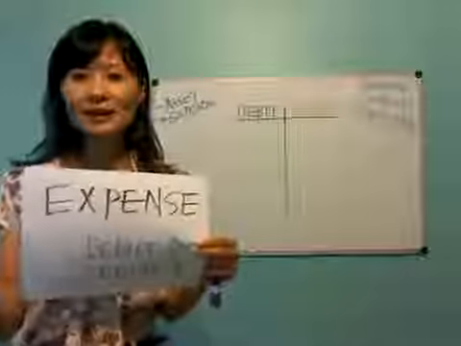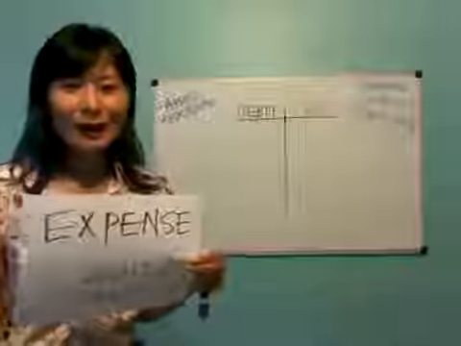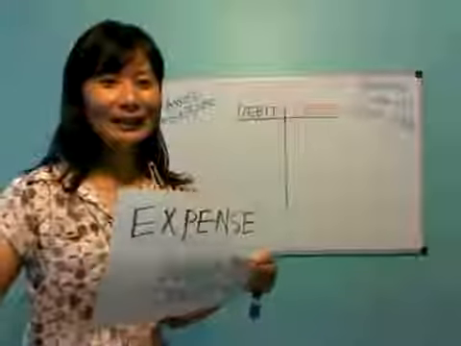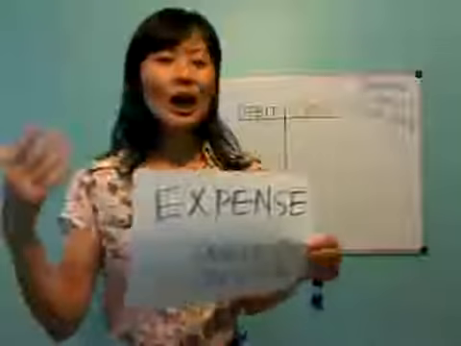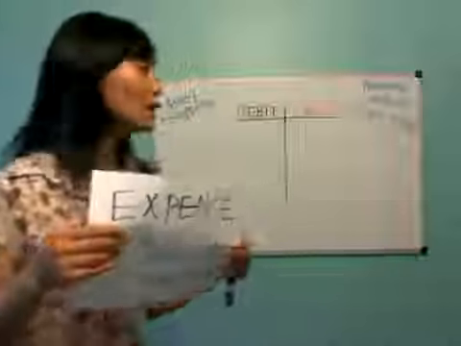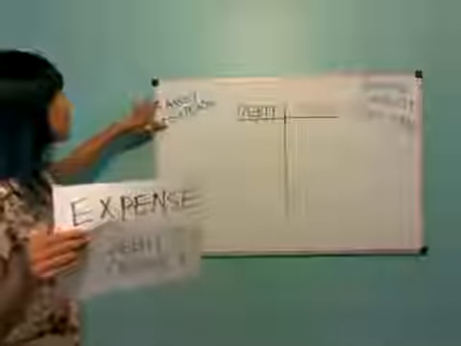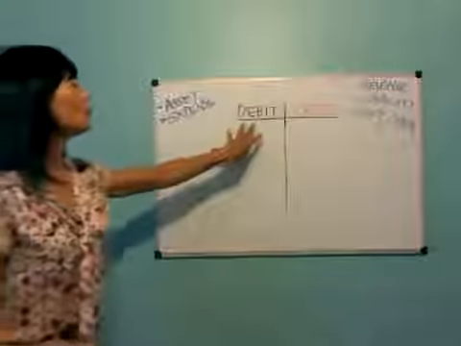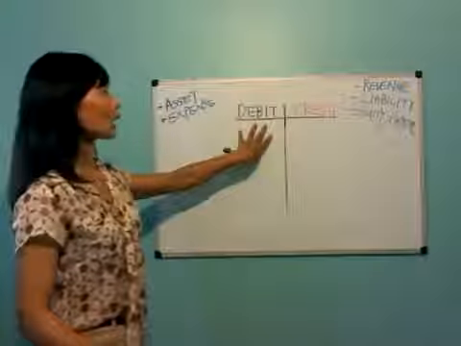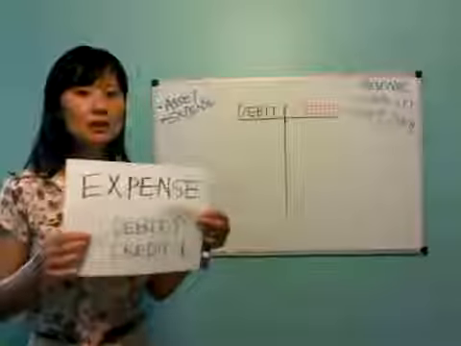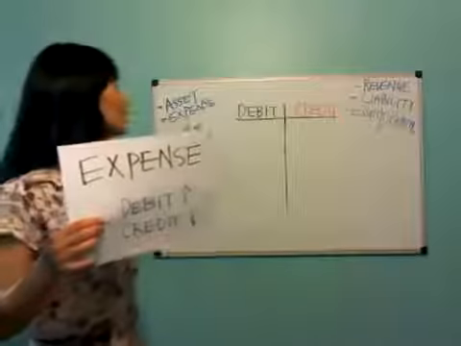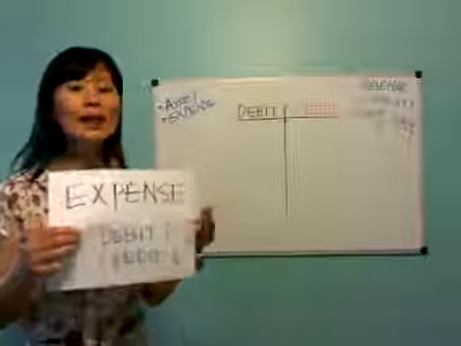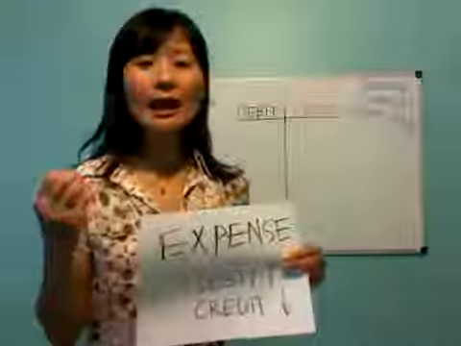Utility expense, gasoline expense, clothing expense, cleaning expense, supplies, rent expense. If you are making any entry that has to do with these types of accounts, then when we put it under debit, that means the account balance went up. That's all it means.